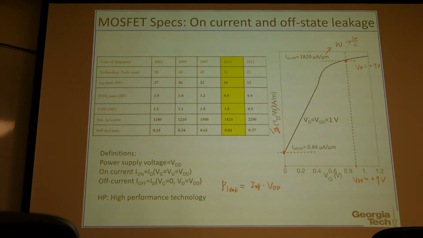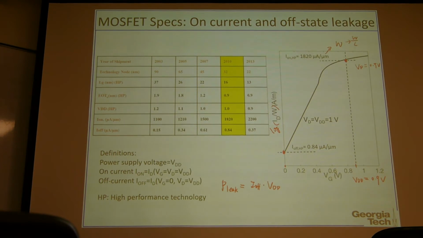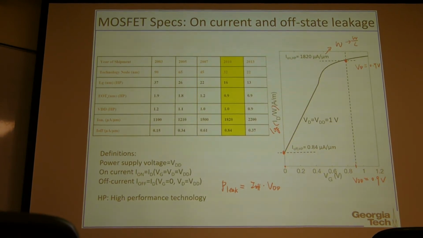It's coming from your power supply through the transistor, even when the transistor is off, meaning doing nothing. So that's why your phone is still consuming power even when you are doing nothing. This off-state current is the reason. Any questions?